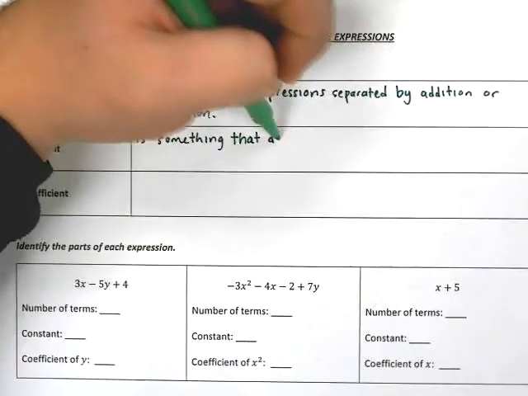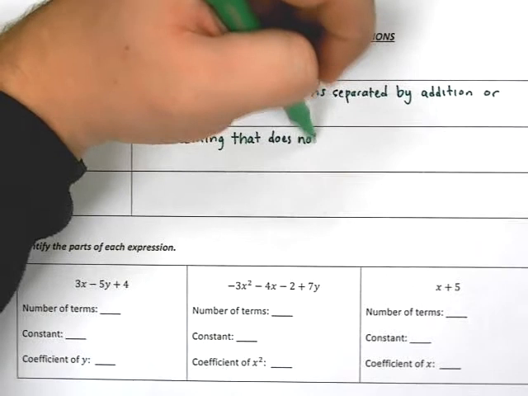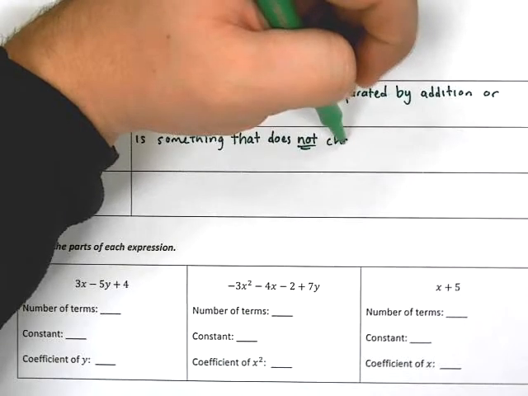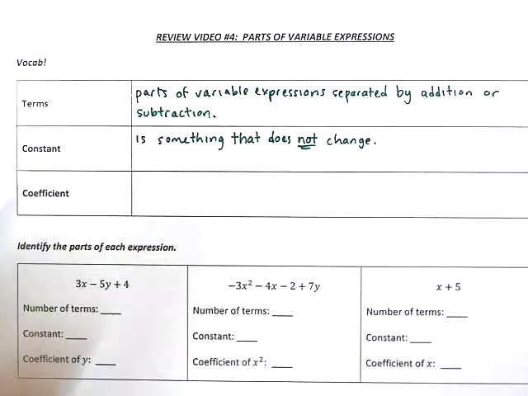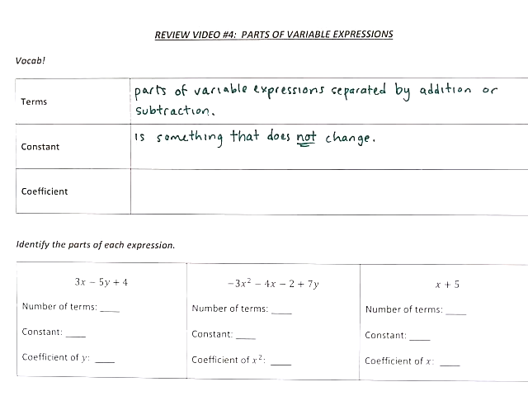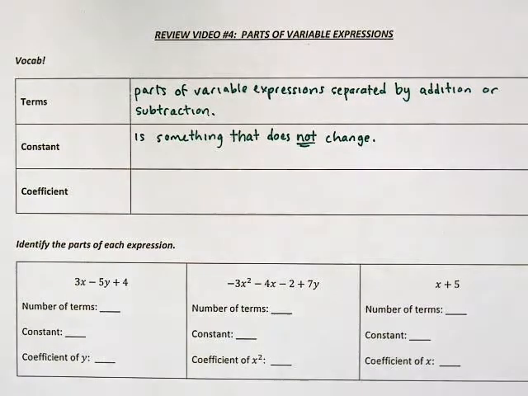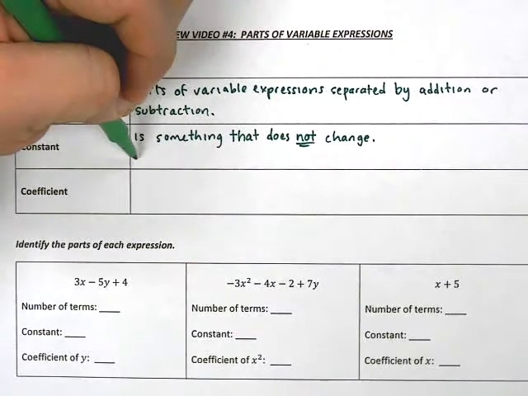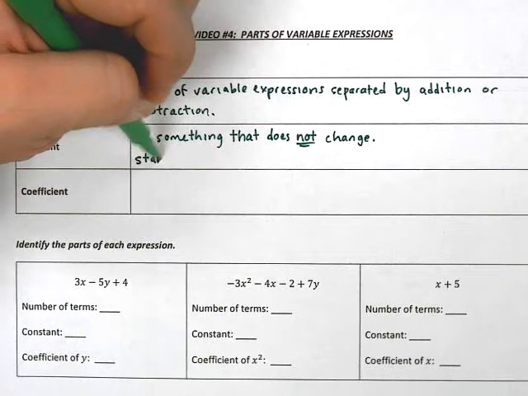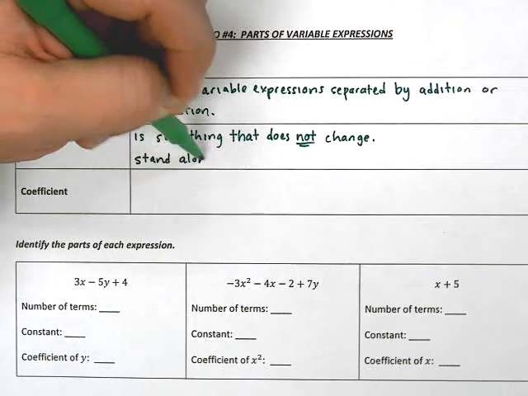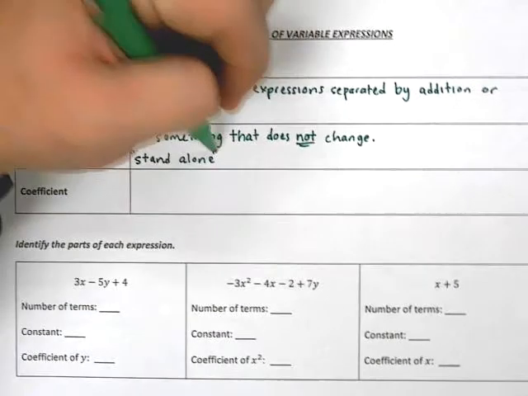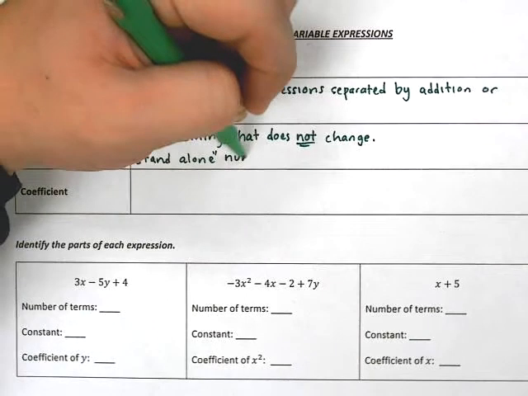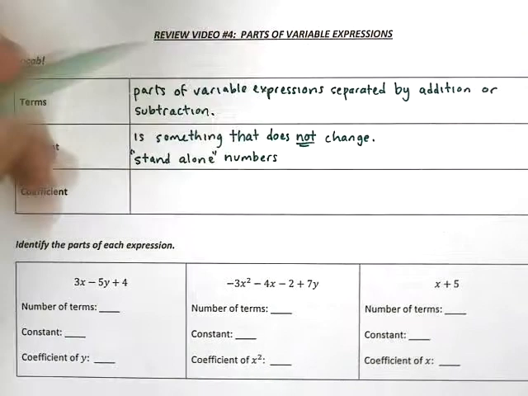that does not change. All right, a constant is something that does not change. So when we're talking about variable expressions, we call constants, and I'm going to use the phrase standalone numbers.